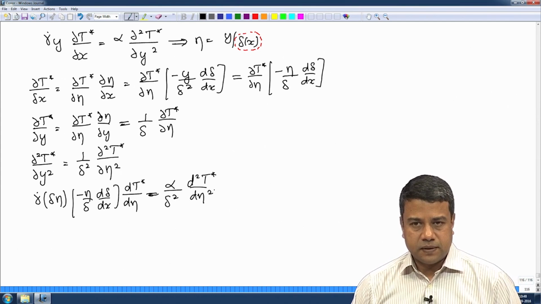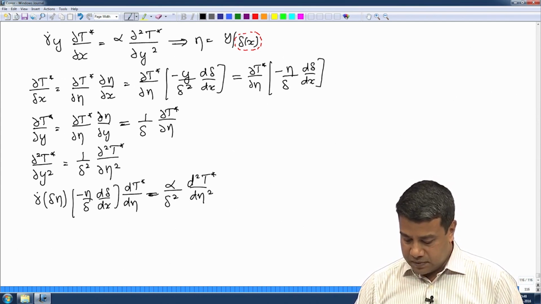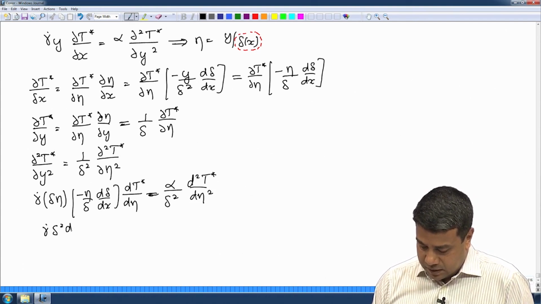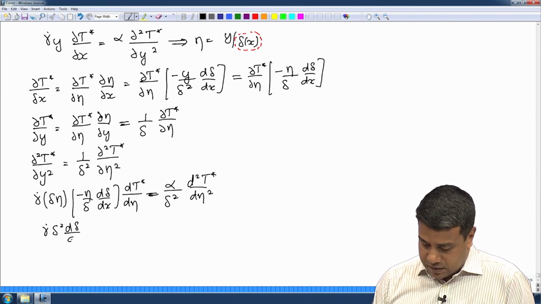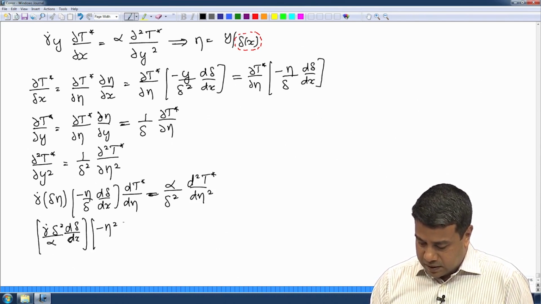So, that is the differential equation that I get, and I can multiply both sides by delta square by alpha, and collect terms. What I will get is gamma dot delta square, d delta by dx, and there is a 1 over alpha, into minus eta square.